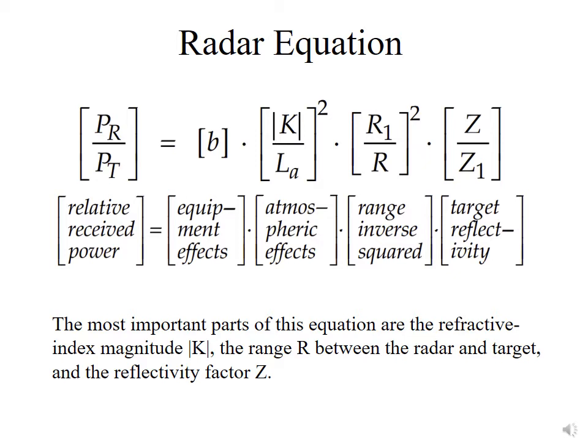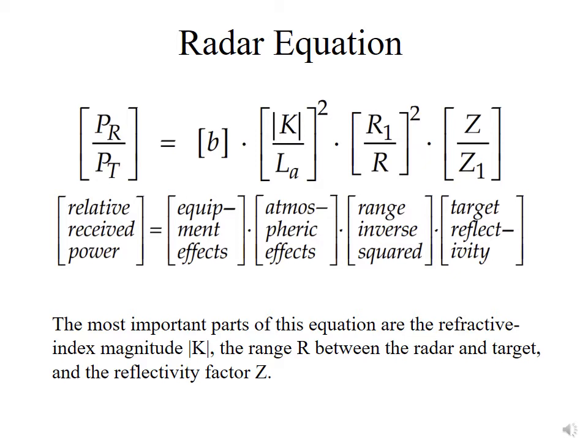We will lump all of those into the equipment effects. And then we have the atmospheric effects, where we have the K value, which is the refractive index of the atmosphere, divided by a constant LA, which we'll talk about shortly. Then that whole quantity squared, and then times the range inverse squared.